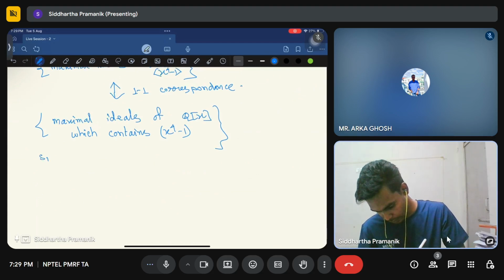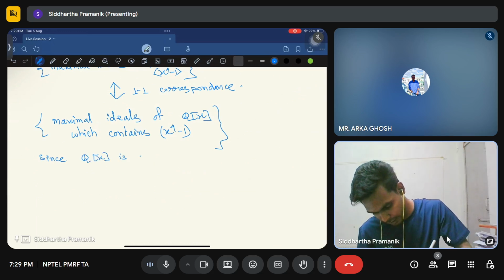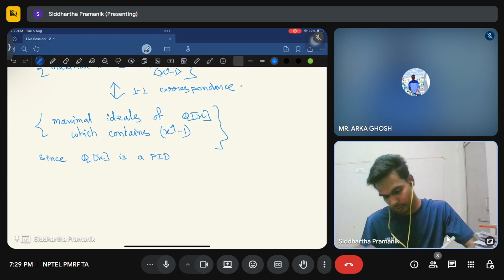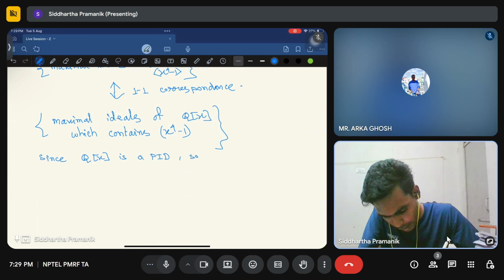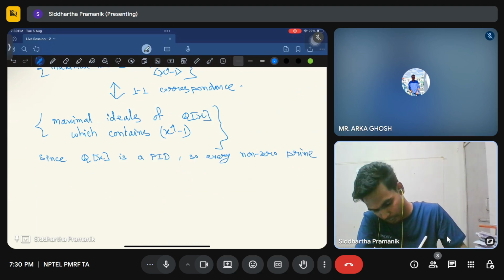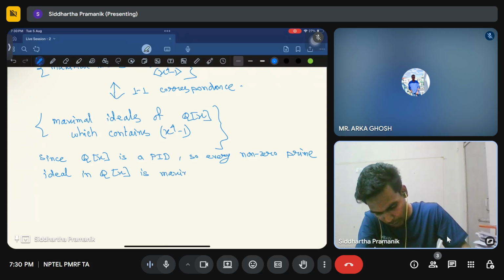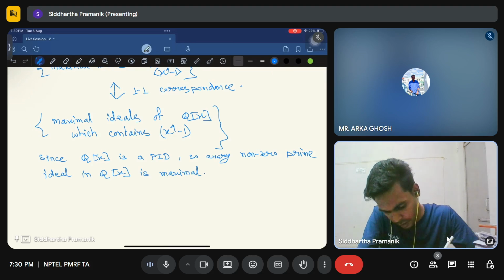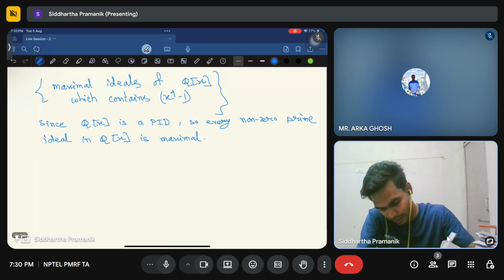Since Q[x] is a PID, every non-zero prime ideal in Q[x] is maximal. So this is one fact. PID means principal ideal domain, so it is generated by a single element.